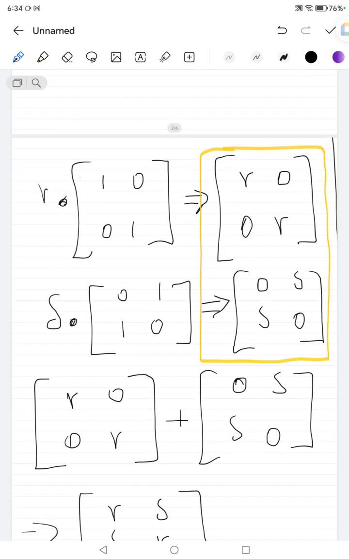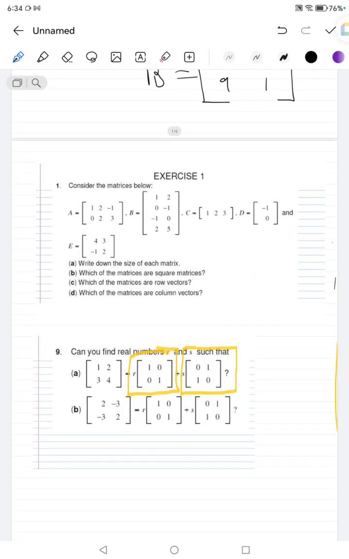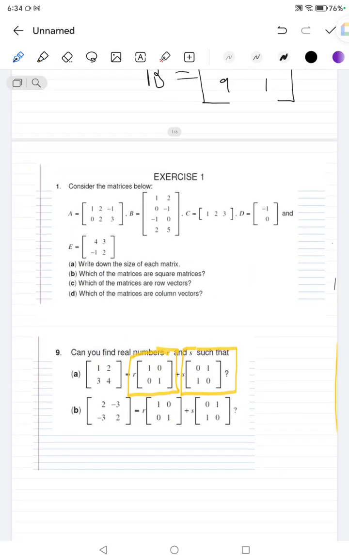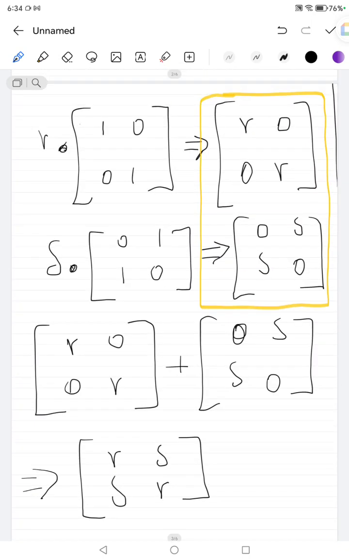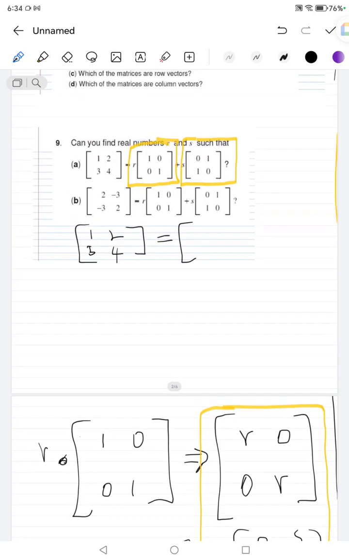It means we just have to equate whatever is on the right to whatever is given on the left. Remember, on the left, what do we have? We have this 1 and 2, 3 and 4. So now this one is equal to, what do we have that side? We have R, S, S, R.